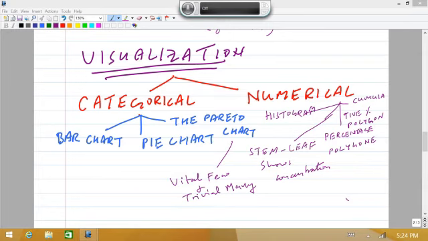The other way we can visually demonstrate categorical data is through a pie chart.